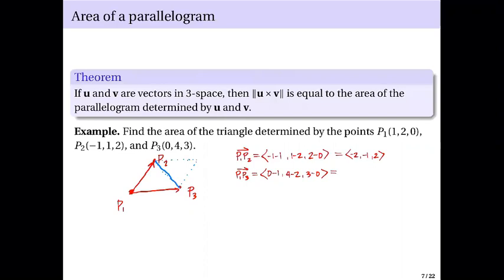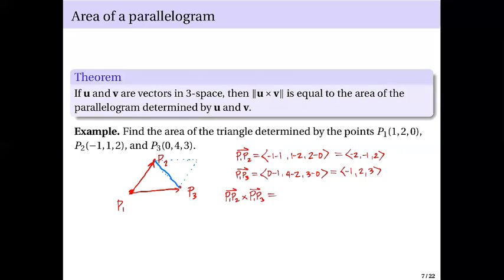So this is negative 1, comma, 2, comma, 3. So this is your first step. Second step, you get the cross product, P1, P2 cross with P1, P3.